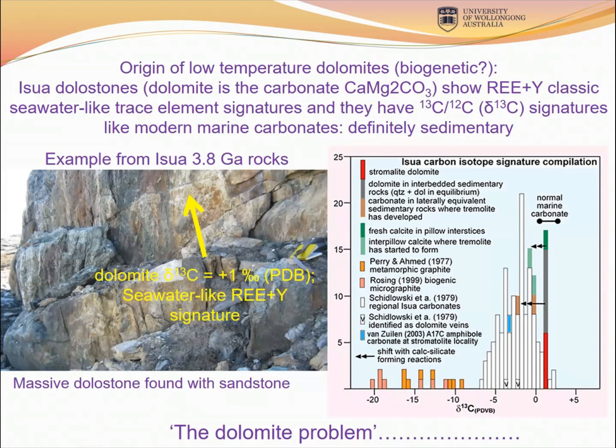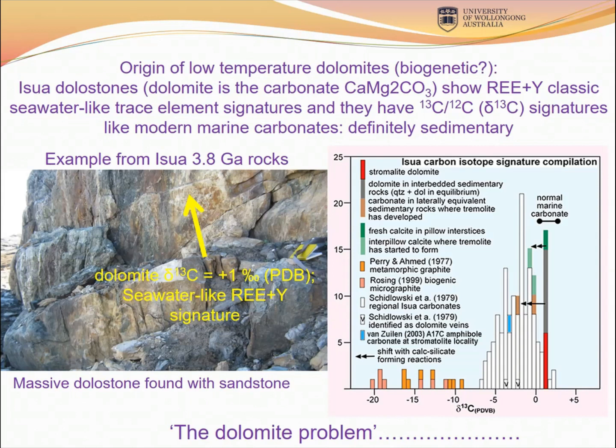Okay, the dolomite carbonate is a calcium carbonate. And I won't go into details here, but in terms of its rare earth and yttrium trace element signatures, it's got a classic seawater-like signature. If you took a coral from Australia's Great Barrier Reef, it would essentially have the same trace element, rare earth and yttrium signature as these extremely ancient carbonates in Isua.